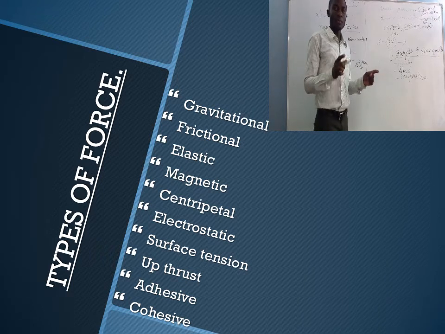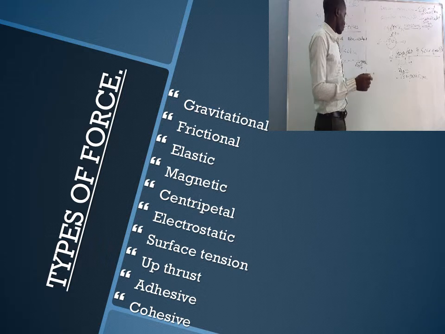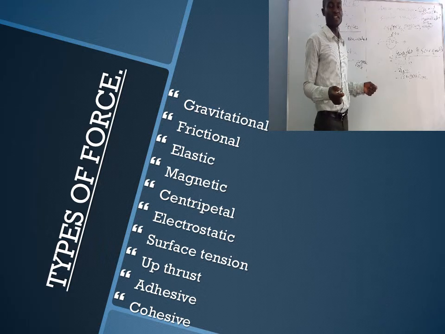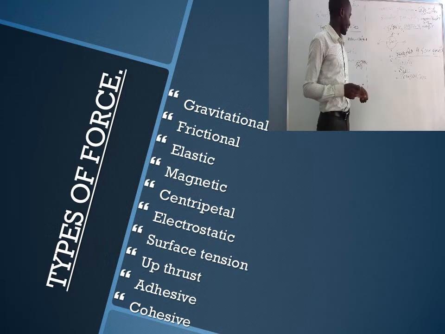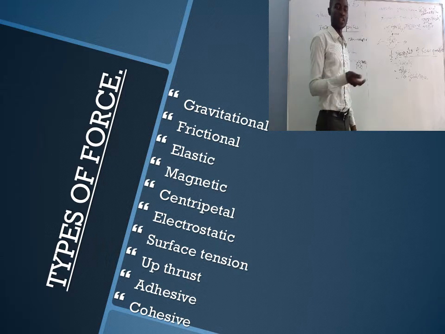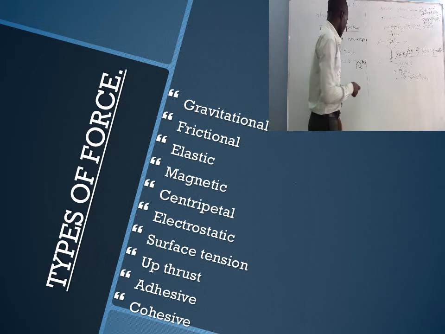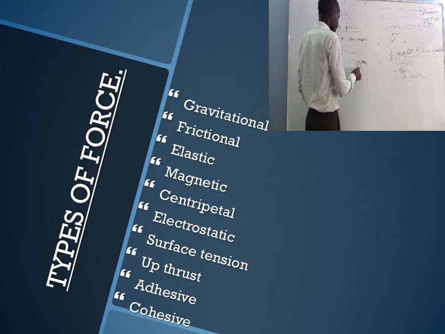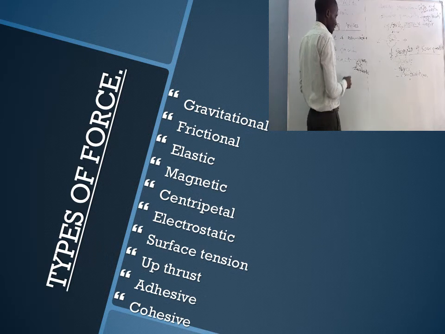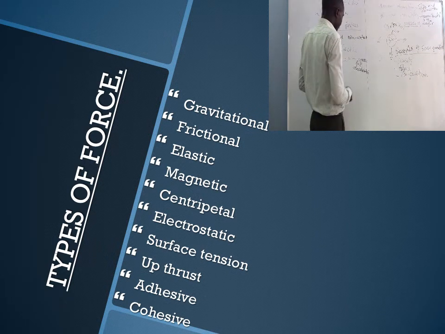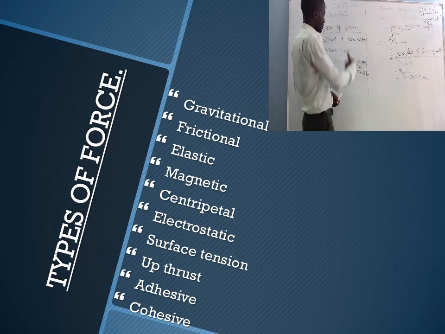When two magnets are brought closer, not necessarily touching each other, then the force of magnetism will be experienced, even if they are not in contact with each other. The other one is electrostatic force, and many others that we shall see.